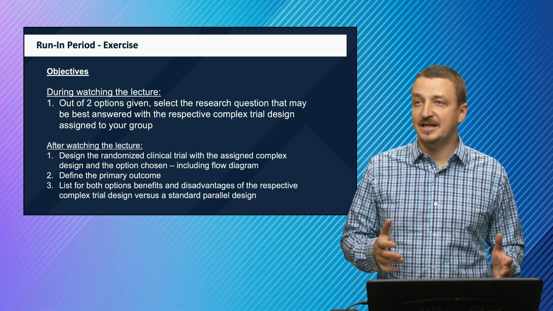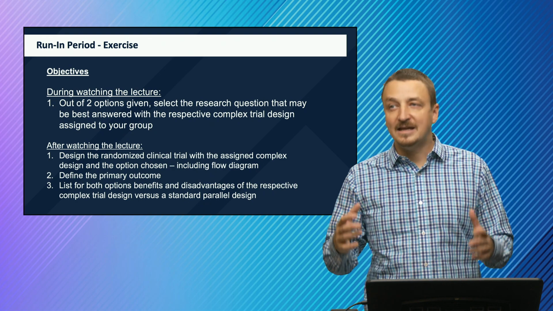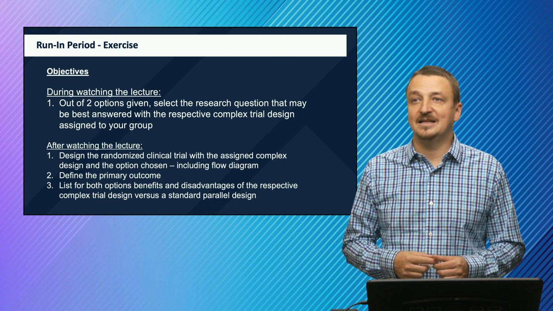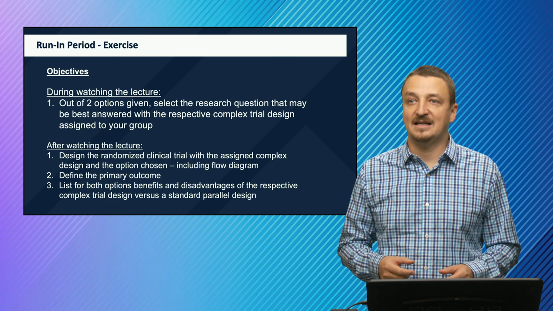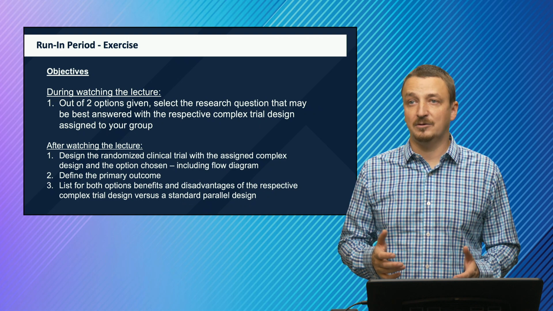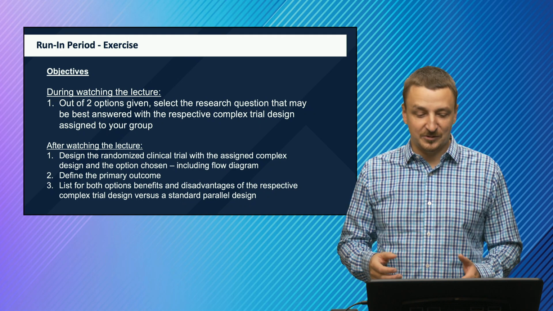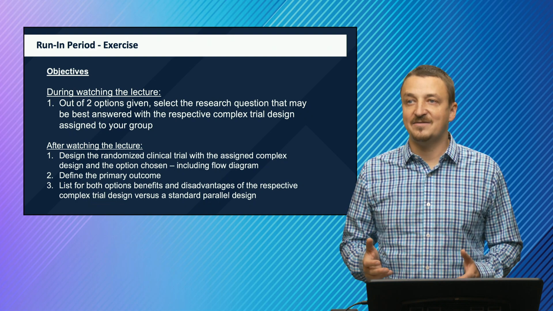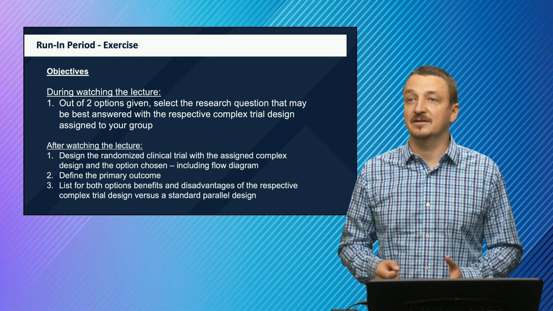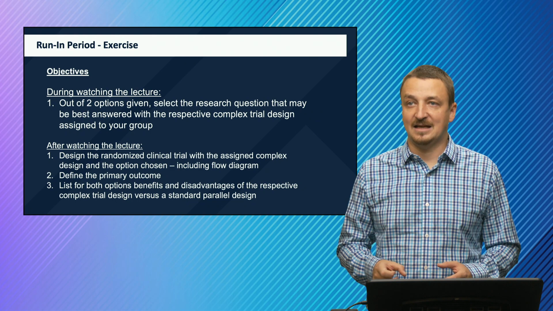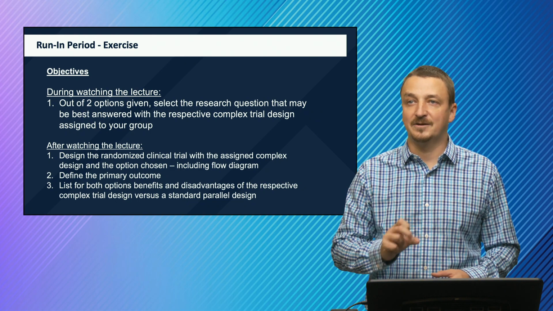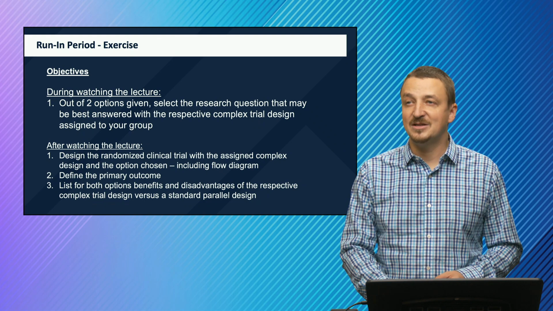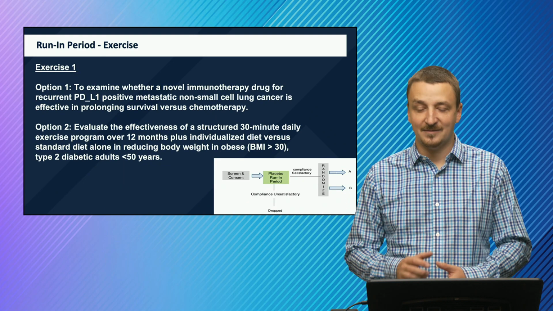After watching the lecture, you can also design the randomized clinical trial with the assigned complex design and the option you chose, including a flow diagram, define the primary outcome, and list for both options benefits and disadvantages of the complex trial design versus a standard parallel design. But please do this all after watching this lecture. So let's jump into the first exercise.